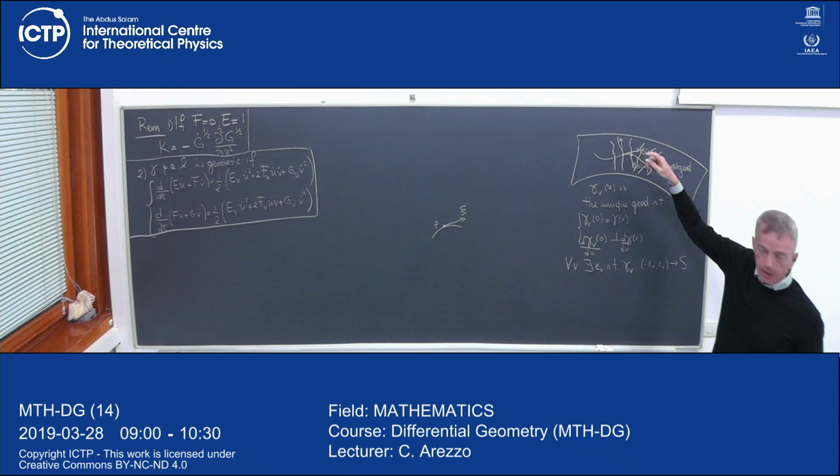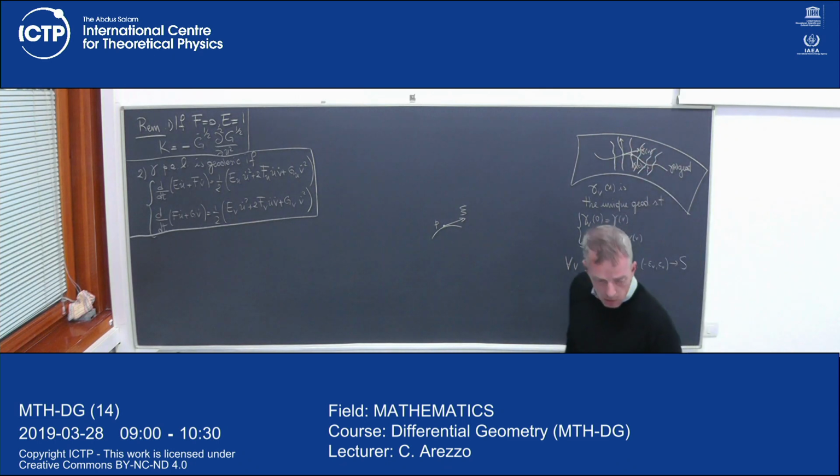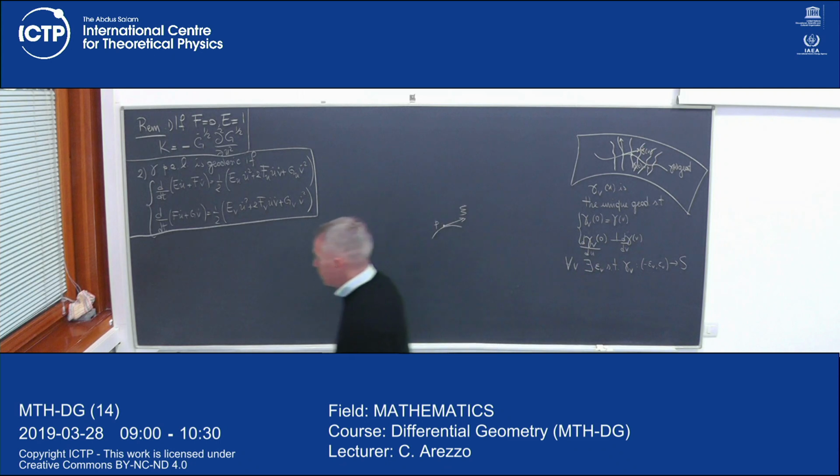Okay, it doesn't go to 0 or doesn't jump. This is important because now I want to construct a map from a domain of R2.